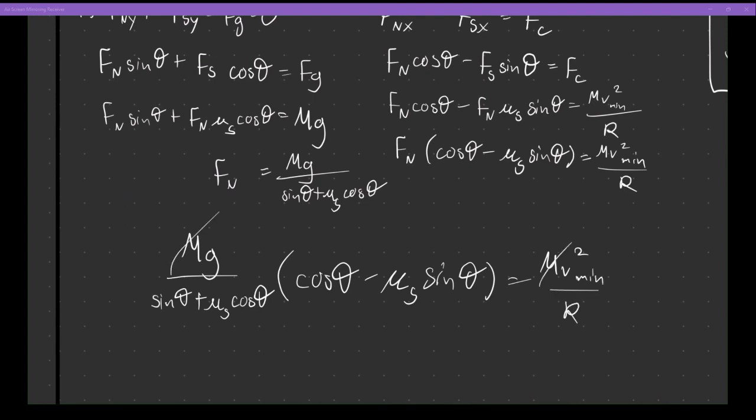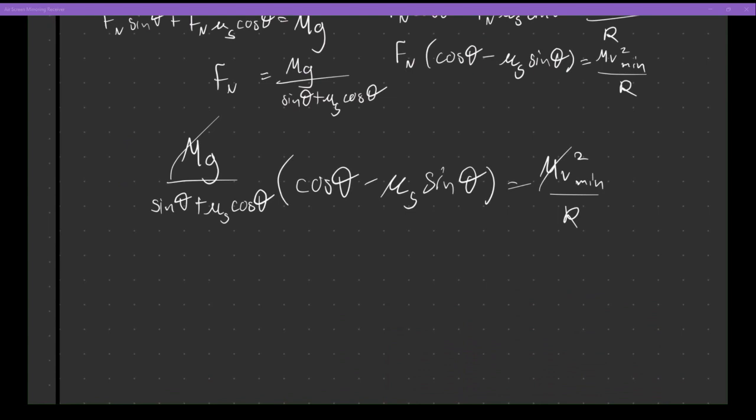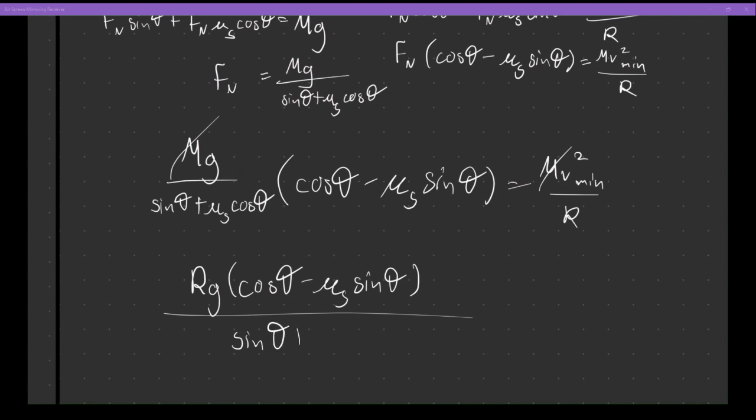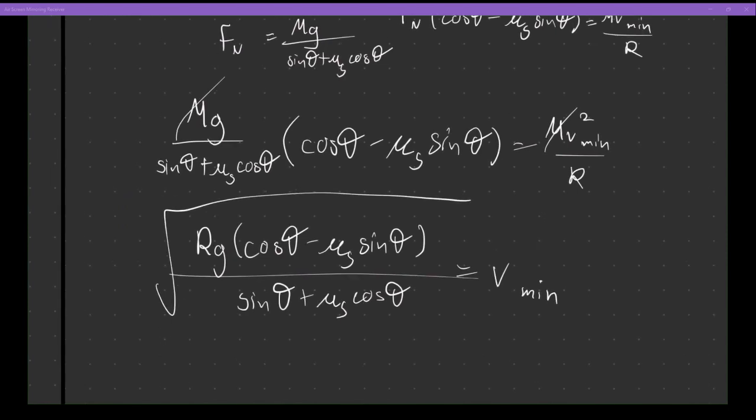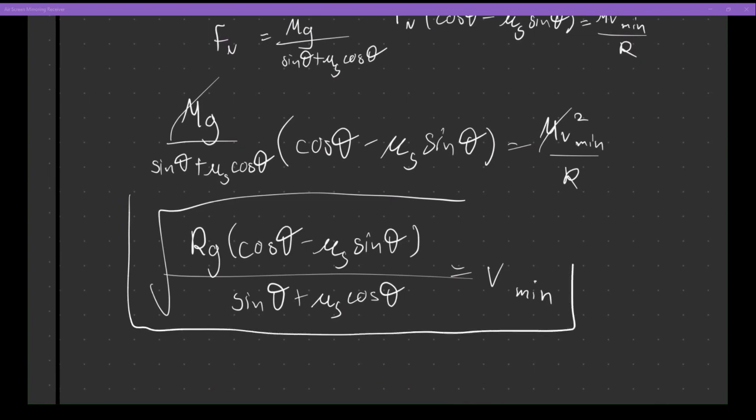M will cancel. I multiply r over to the other side, so I get rg times cosine of theta minus mu s sine theta, all over sine theta plus mu s cosine of theta, equals v squared min. So I take the square root of that, this cancels out, and I just get v min equals all of that. That's it for part F.